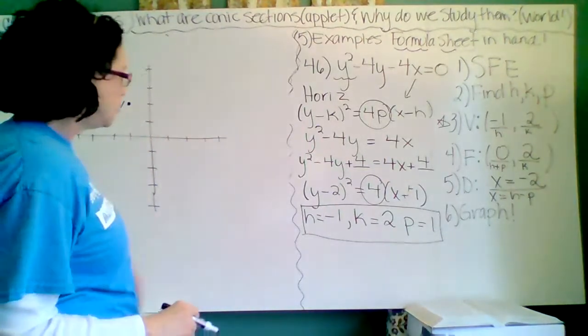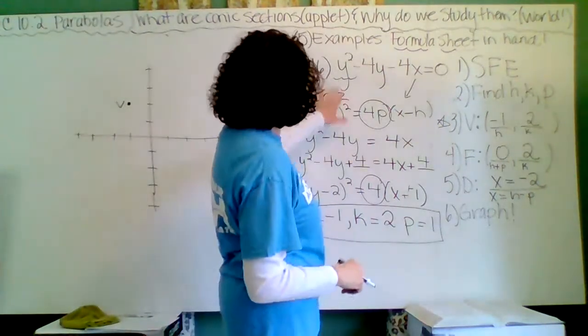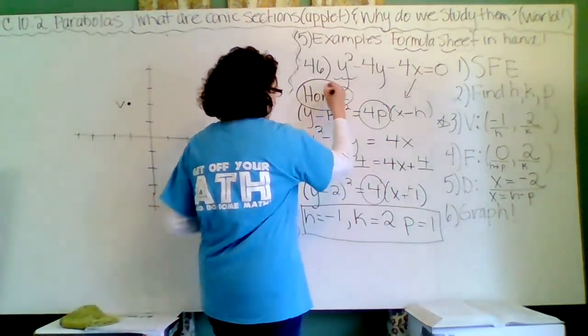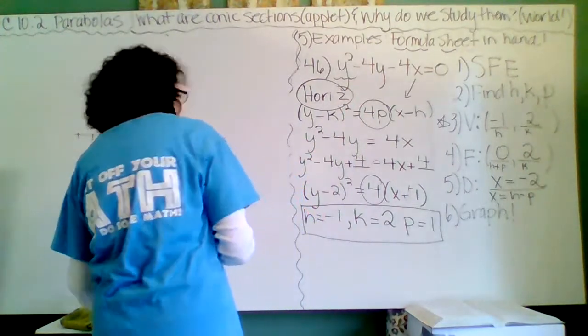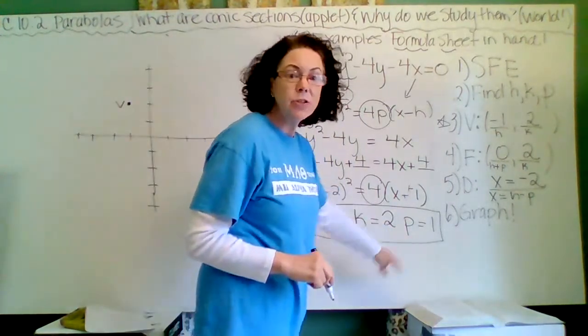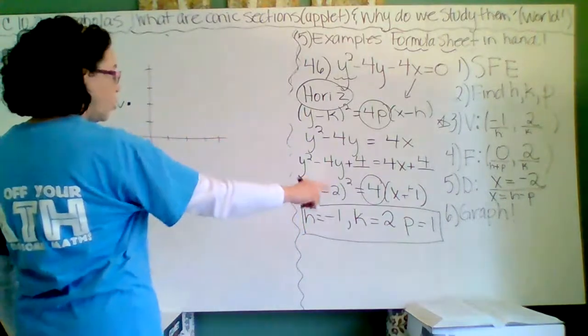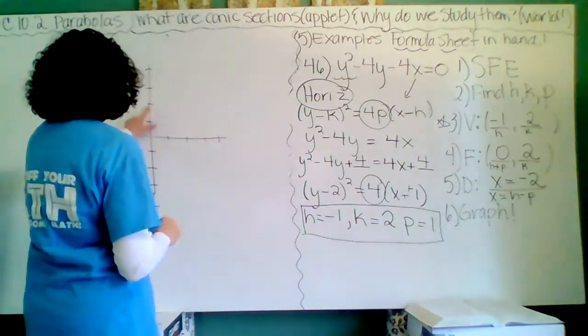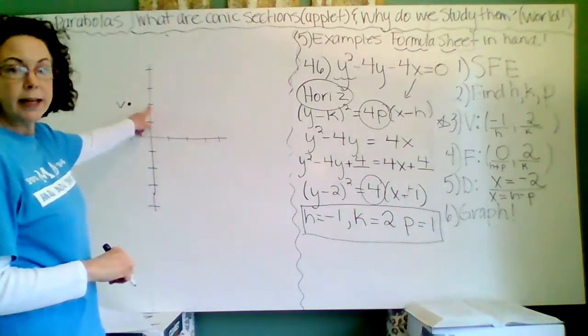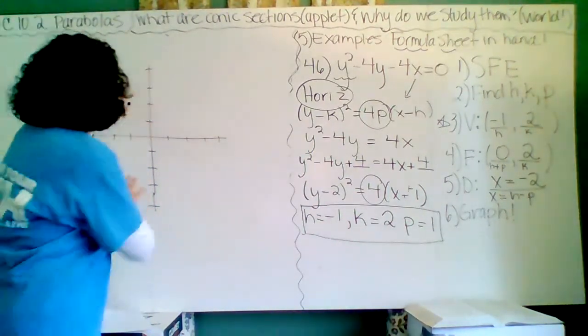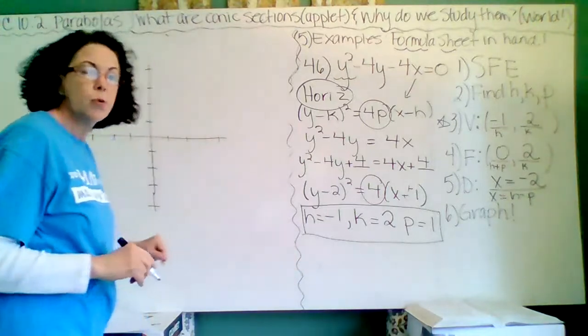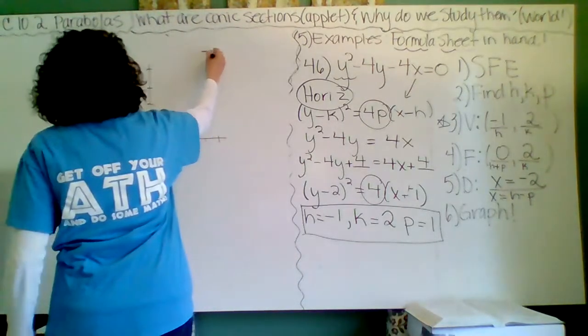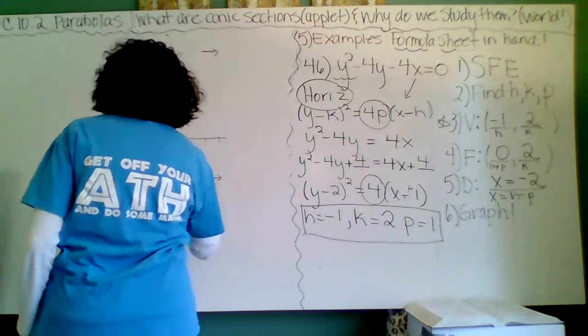Now, I do know because this is a horizontal parabola, and because P is positive, that this parabola opens to the right. How else do I know? The focus is located at 0, 2, which is right here, right? And so the parabola opens that way because the focus is always in it. So the parabola is horizontal and opens to the right.